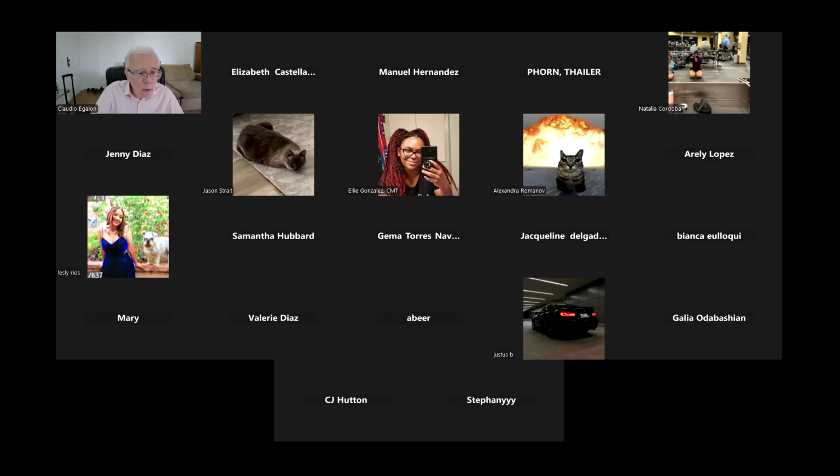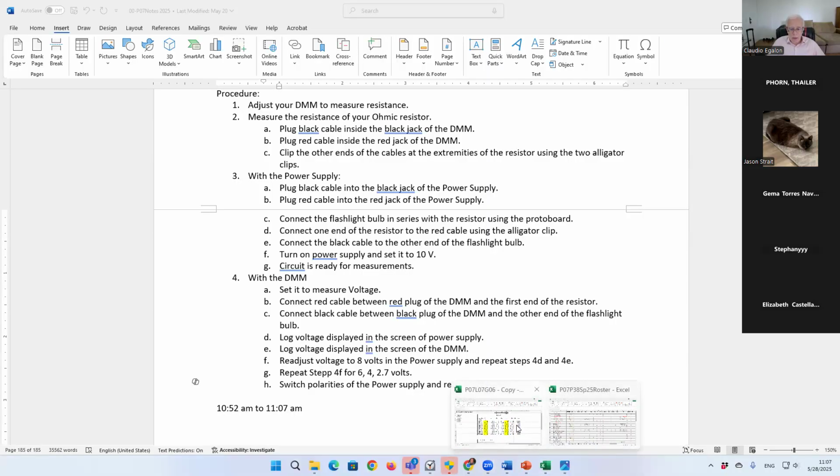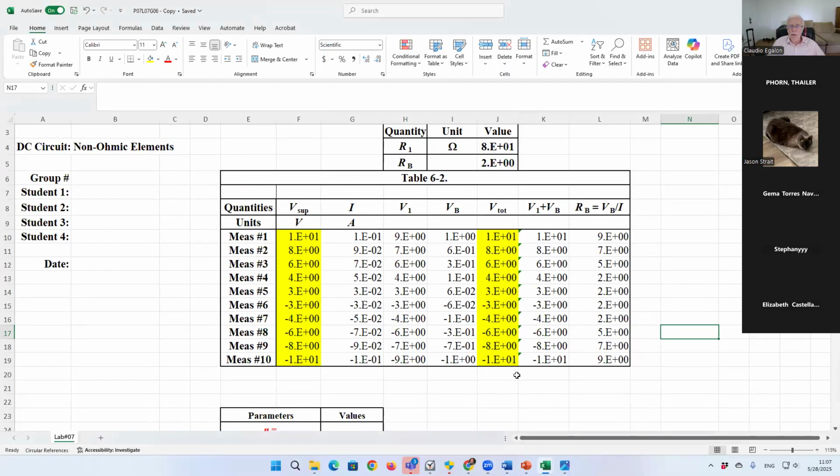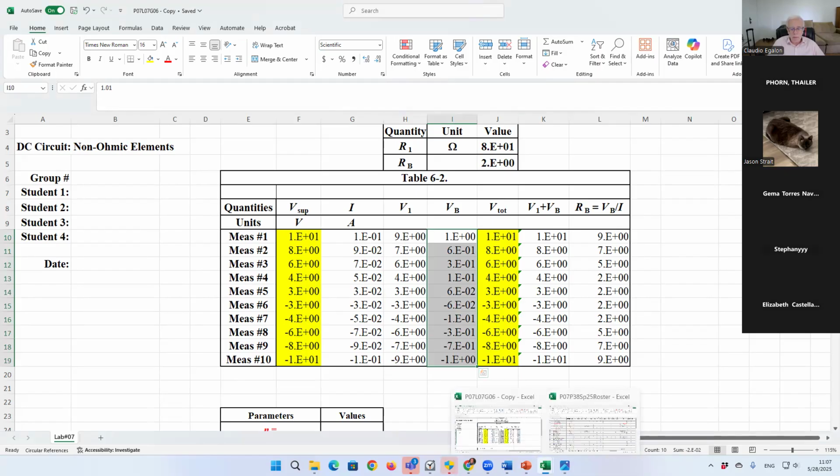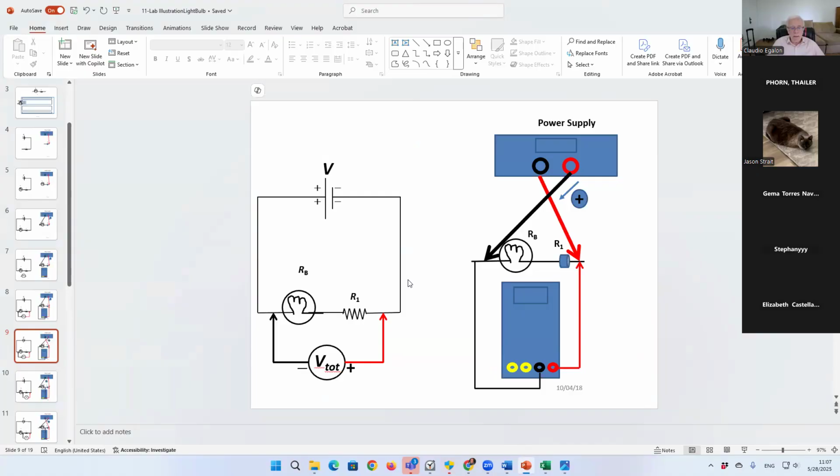Let's resume recording and share the screen. So we got all the data that we want for the total voltage, and now we have to repeat for the voltage across the resistance and the voltage across the bulb. The steps are similar. It's just repeating what we did before, but changing the connections of the multimeter.